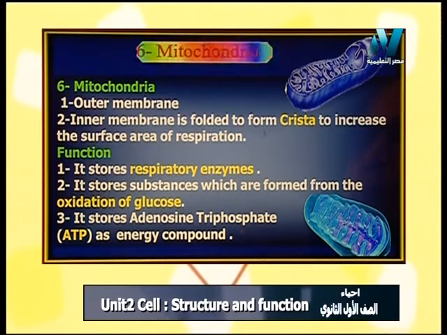The small molecules, which are called pyruvic acid, pass through the outer and the inner membrane of the mitochondria, and inside the mitochondria the rest of the steps of complete oxidation take place due to the presence of respiratory enzymes in mitochondria.